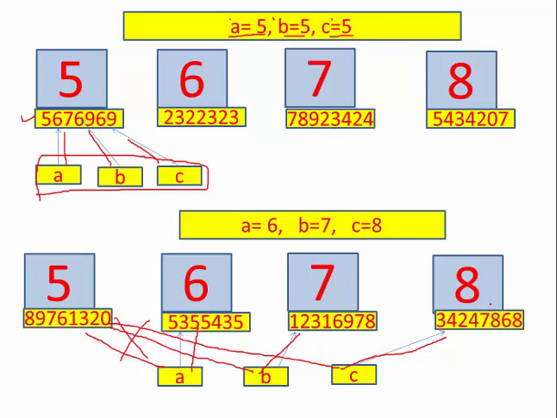So this we call immutable. This memory location cannot be changed. Means the 5 will remain there only. If we change the value of a variable, they will start referencing other memory locations.